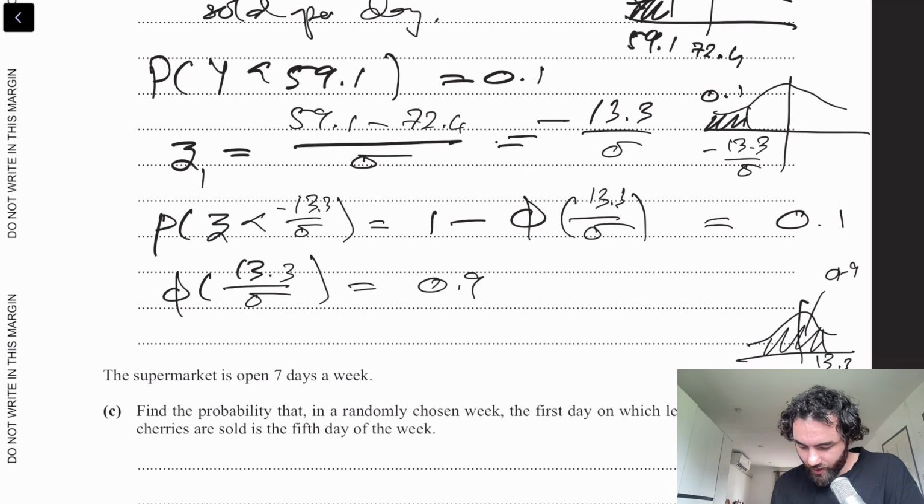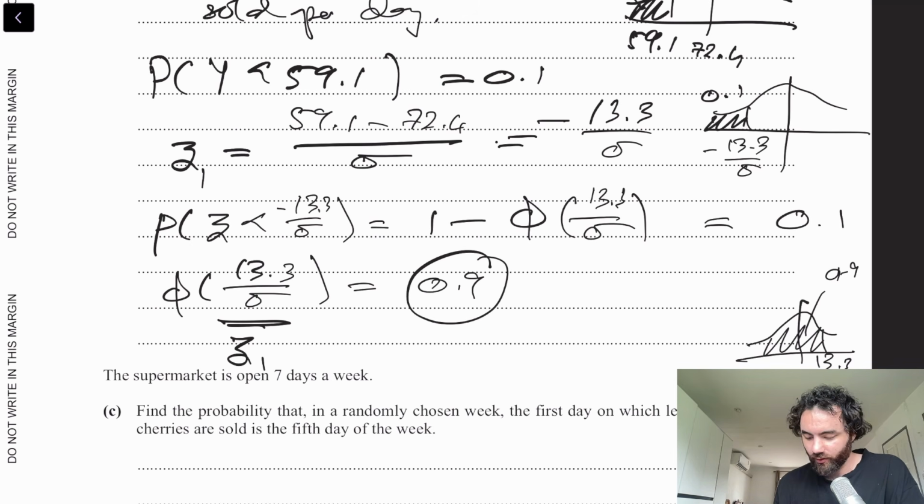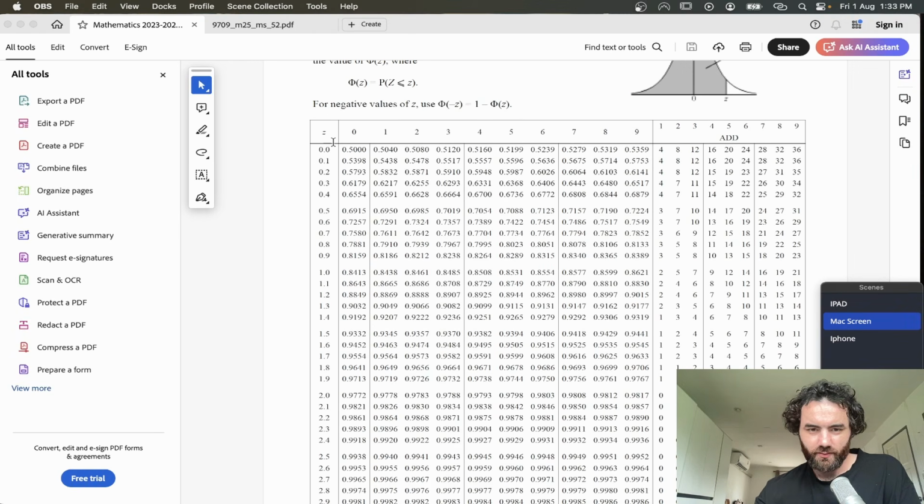So we can find this value. This corresponding z value, which we called z1, has an area of 0.9 on the graph. So if we go to our table, what is an area of 0.90? So this area gives what z value? So 0.9, where's 0.9?